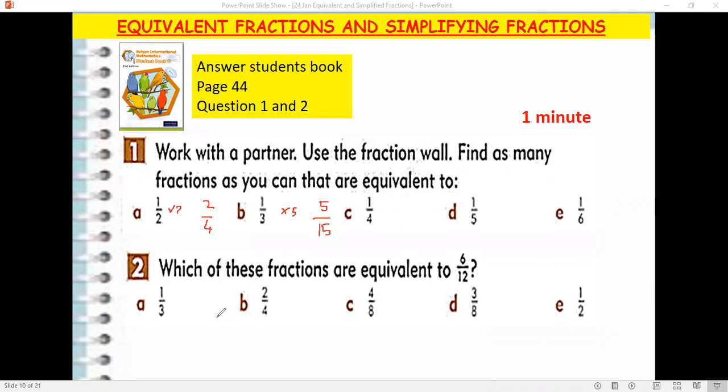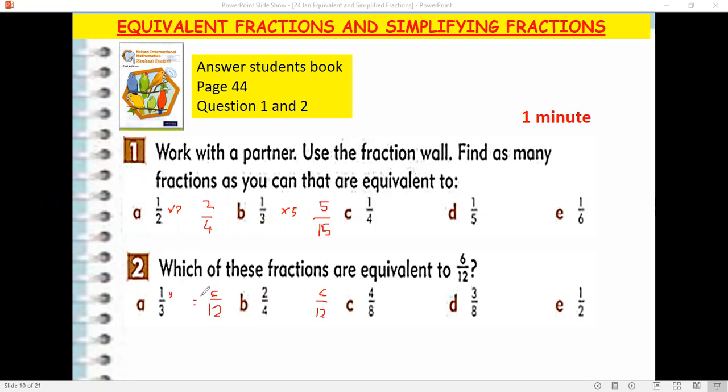Okay, now let's do this one. Question 2. Which of these fractions are equivalent to 1/2? So you are going to write first 6 over 12. So all of it, you have to make it 6 over 12. You try if it will work, okay? Otherwise, no. So what can I multiply in 1 to give me 6?